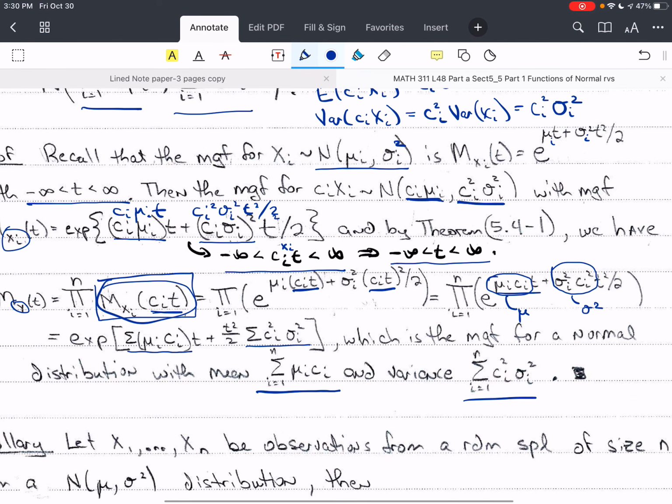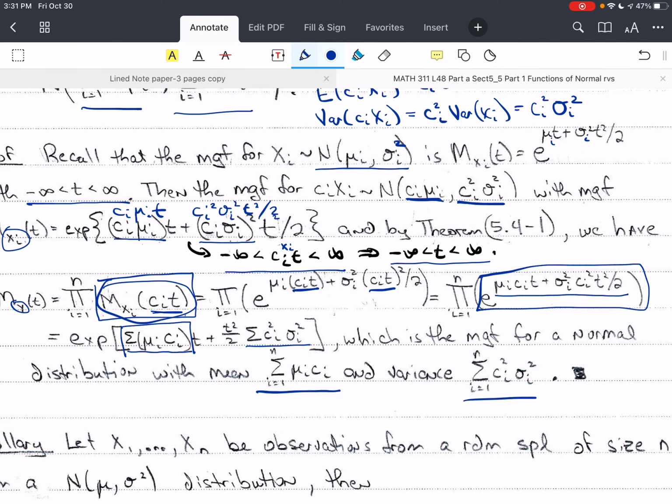Where did we get this here? Well, we took everything here and we wrote out the product. And when we wrote out the product for i equals 1 and then i equals 2, then we added the exponents and we ended up with the sum from i equals 1 to n of mu i ci for the mean.